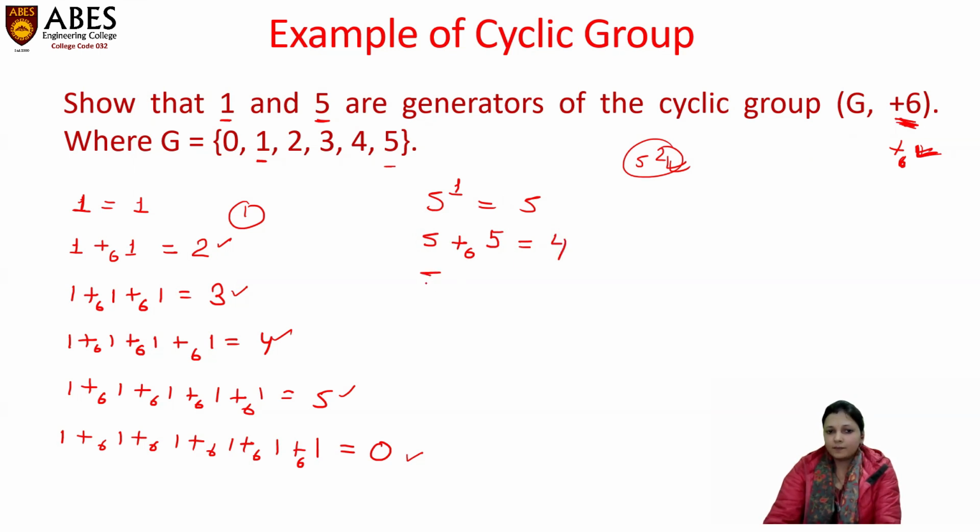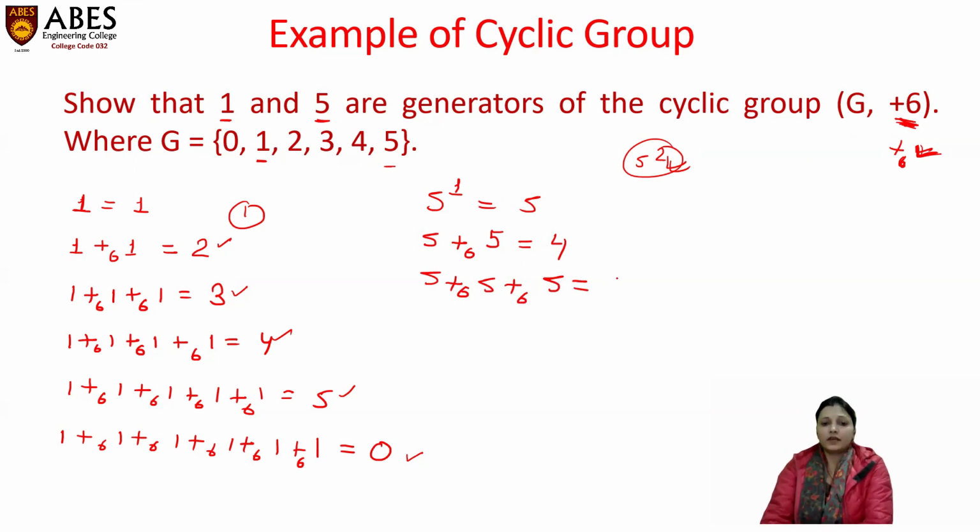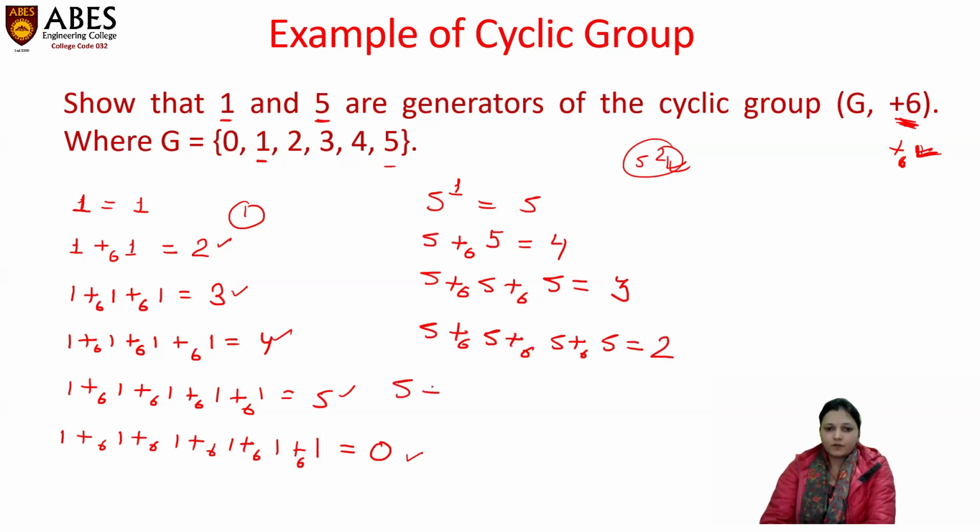And then similarly, 5 to the power 3 will be 9. Here the sum is 15, and when we divide 15 with 6 we will get 3. 5 to the power 4: here it is 20, and when we divide 20 with 6 we will get 2. 5 to the power 5: when we calculate this, we will get 1.